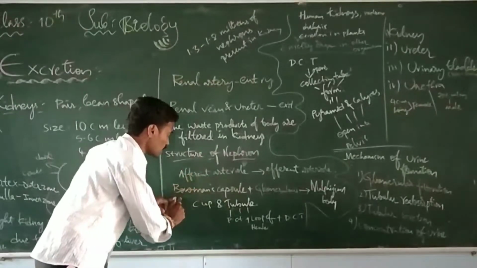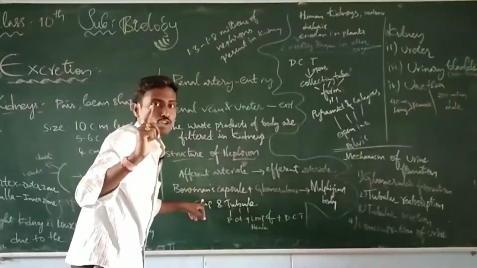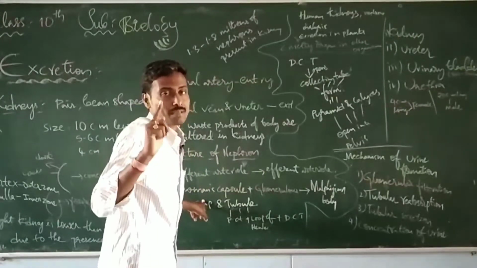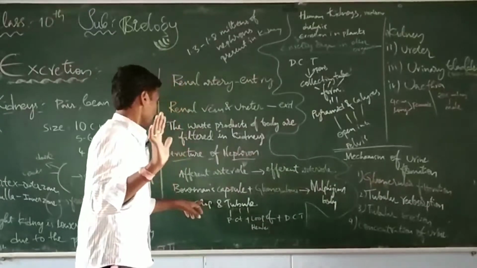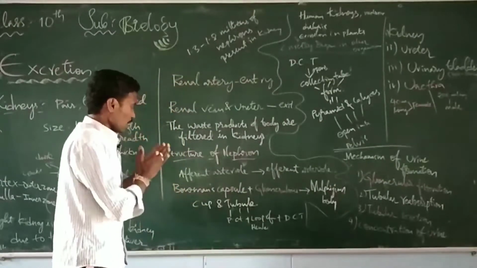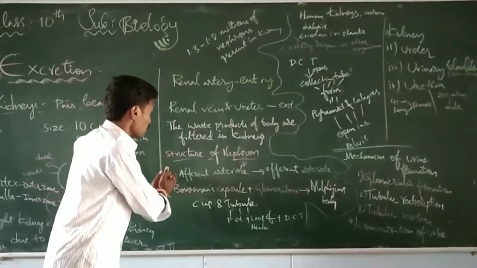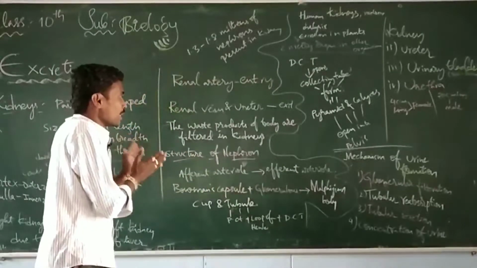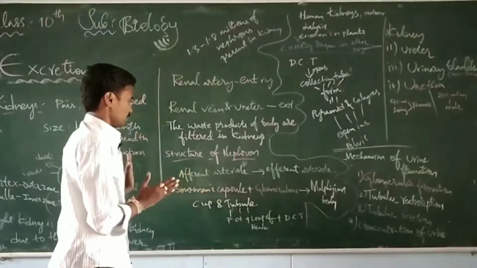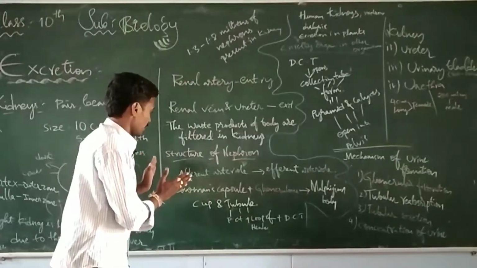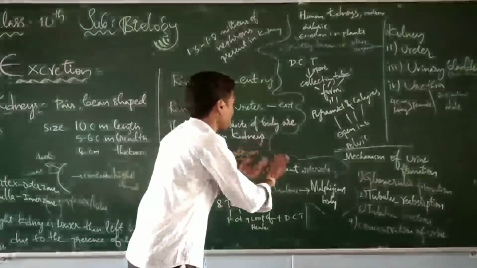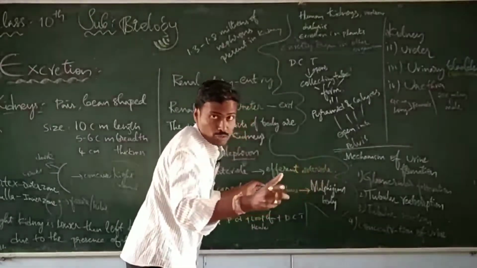The Bowman's capsule plus glomerulus together are known as the Malpighian body. So what I am saying here: the afferent arteriole entered the Bowman's capsule and came out as the efferent arteriole.